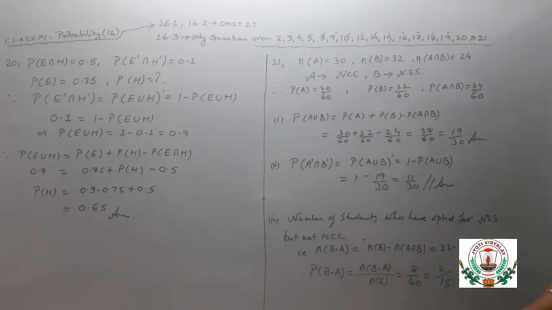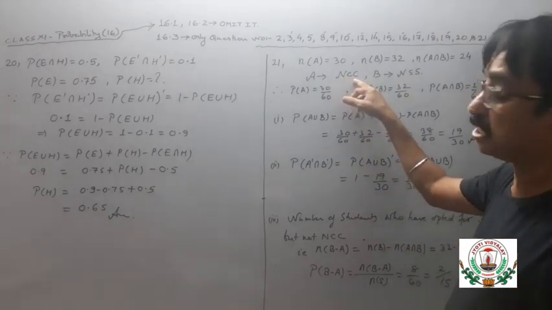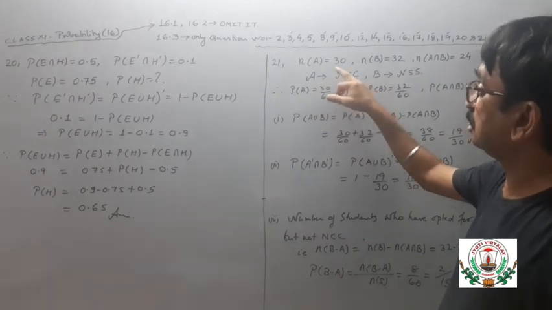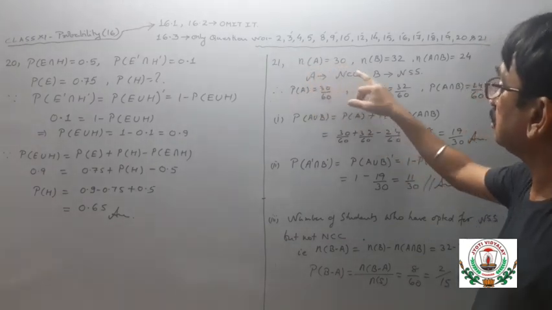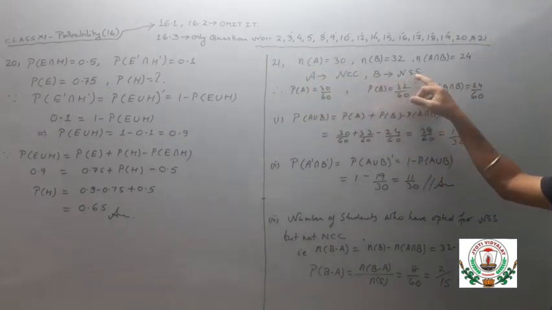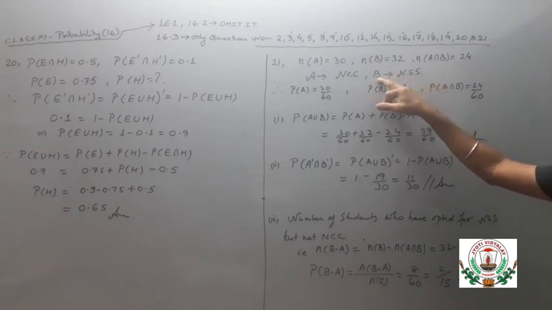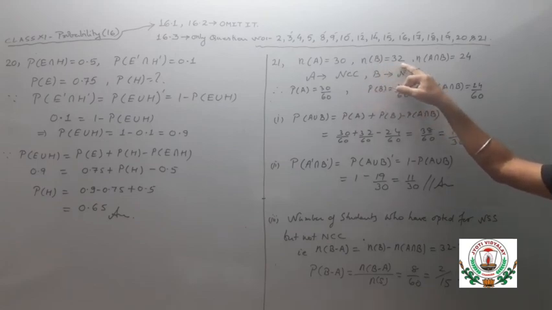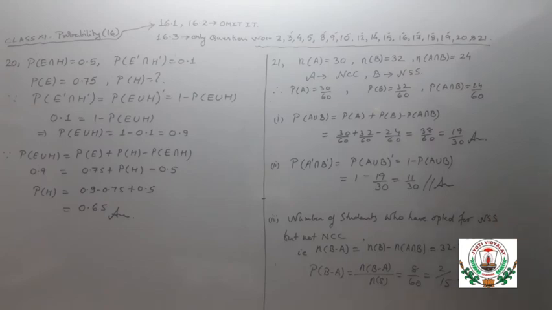Here it is given that the number of students who opted for NCC, I have taken as set A. So number of students is 30. The number of students who opted for NSS, that I have taken as set B, so N of B is 32, and the number of students who opted for both NCC and NSS, A intersection B, is 24. So first I have to calculate their probabilities.